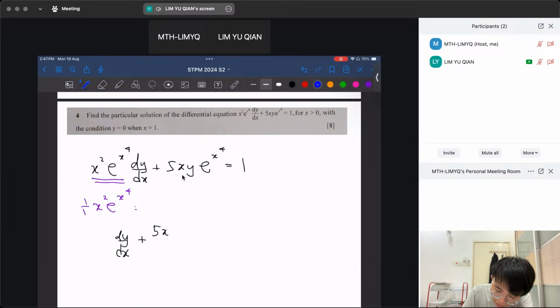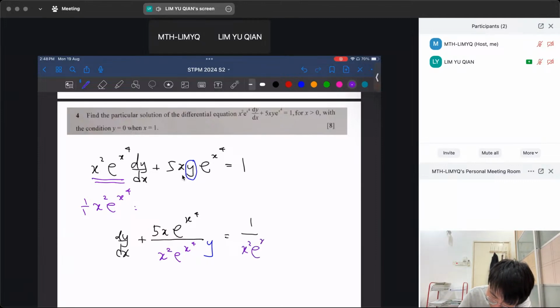Because it is linear, you can separate the y first. So e^(x^4) over the purple color one, x squared e^(x^4), if you divide already. So the right hand side is 1 over the purple color one, x squared e^(x^4).